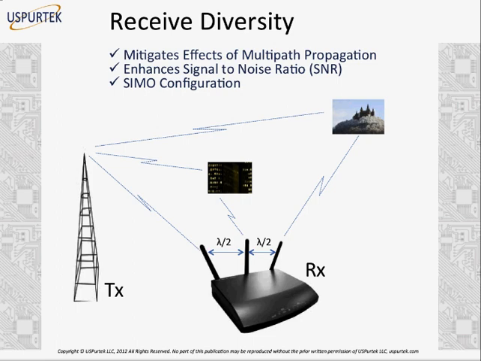Keeping them half a wavelength apart minimizes the correlation between the received signals and creates relatively independent paths to and from the different antennas. The antenna configuration you see here is essentially a SIMO configuration, which can be considered a special case of MIMO.